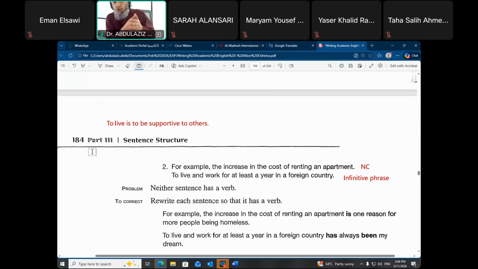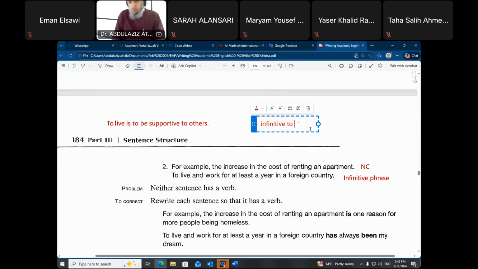That's why don't be fooled by the form. The form is infinitive to plus simple verb. This is called infinitive to, because we have many tos; we have another to, the preposition.